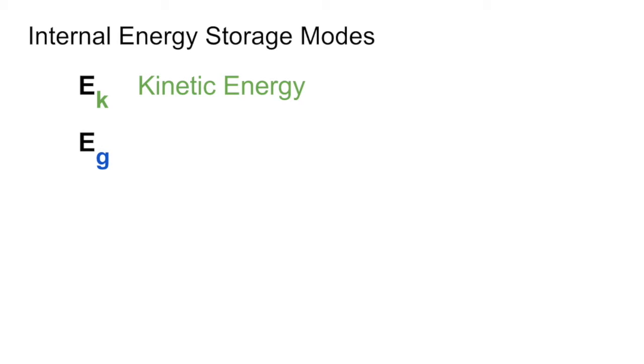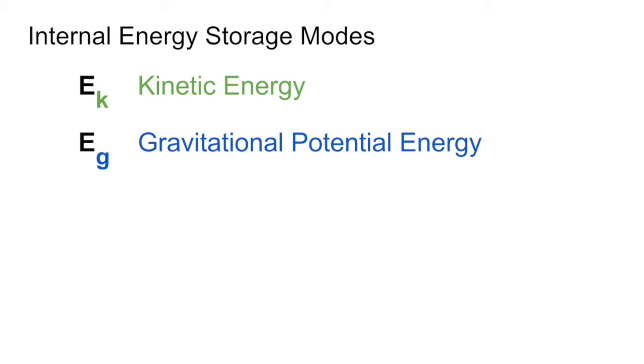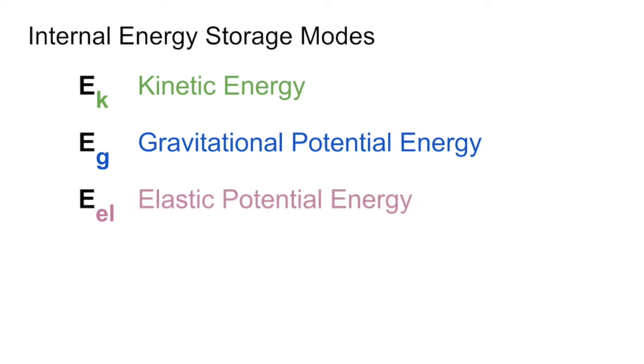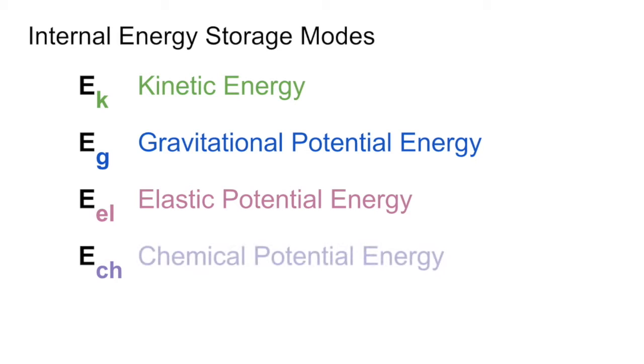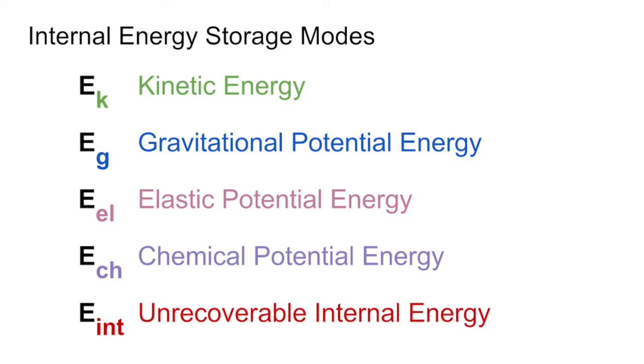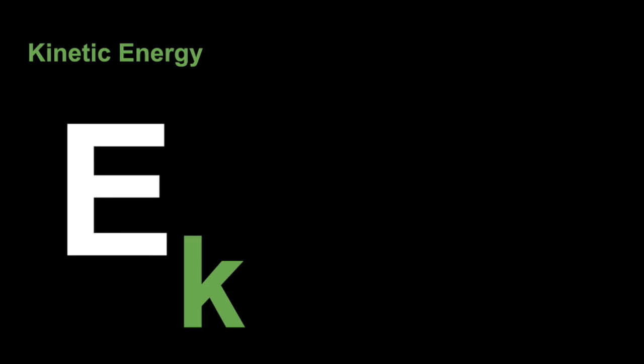E sub g, that's gravitational potential energy. E sub el, that's elastic potential energy. E sub ch, that's chemical potential energy. And finally, E sub int, which is the unrecoverable internal energy still inside the system. Kinetic energy is the energy associated with motion.